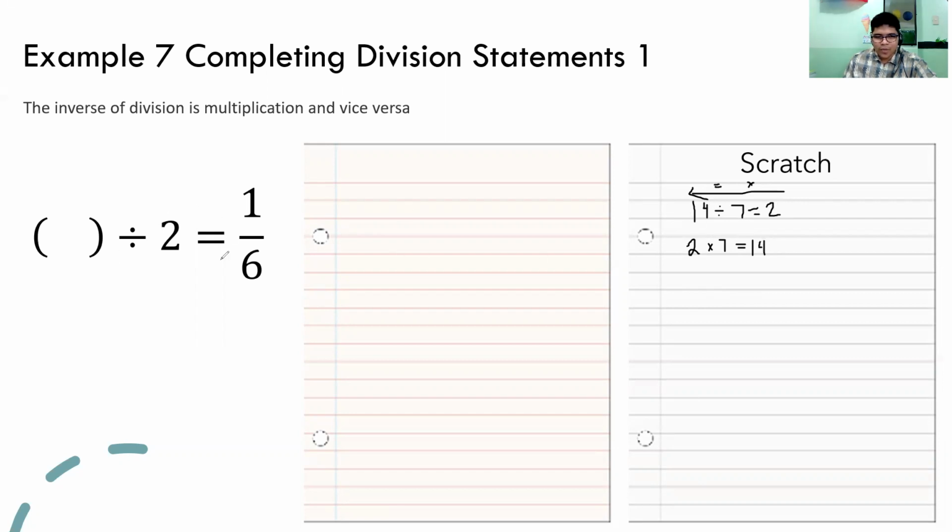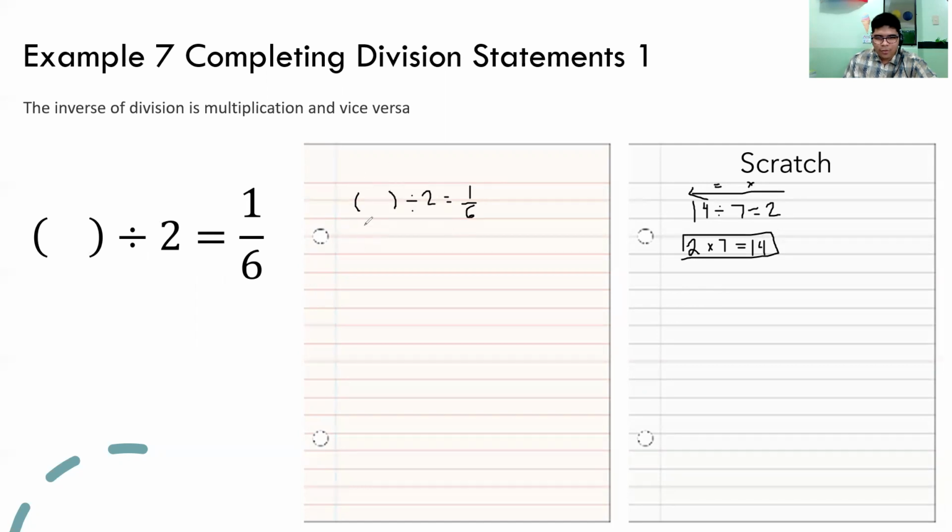That's the relationship between division and multiplication, and that's what we're going to use here. So, blank divided by 2 equals 1 over 6. We're going to change that statement in our scratch paper, like 2 times 7 equals 14, by going in the reverse direction.